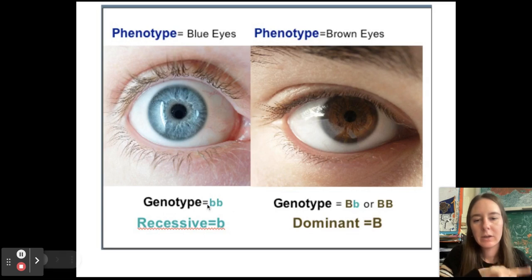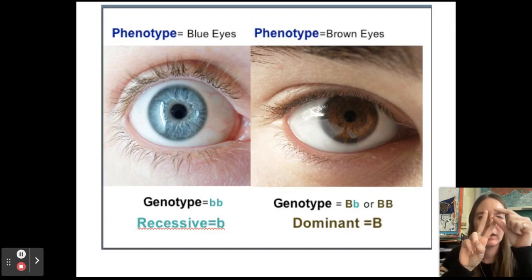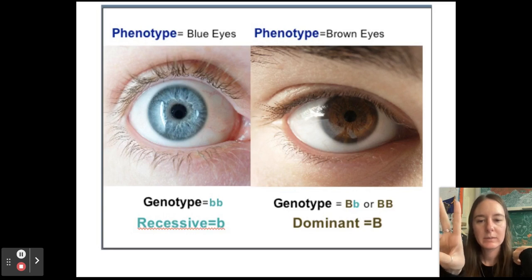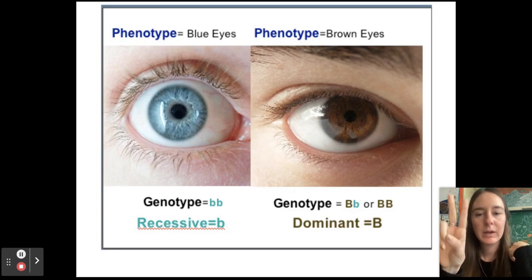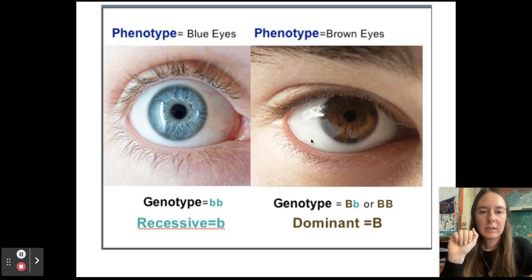What this is telling us is that on the two homologous chromosomes for the eye color gene, one from mom, one from dad, both of them have the recessive allele, the piece of DNA that says, hey, build blue eye color proteins, pigments, right? But let's take a look at this eye. Our phenotype here is brown eyes.